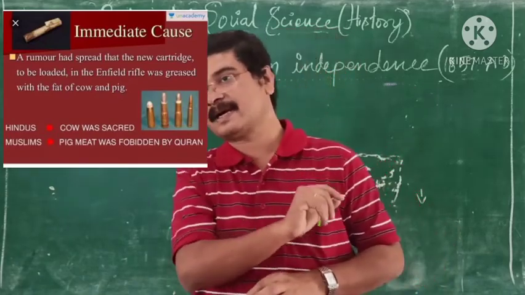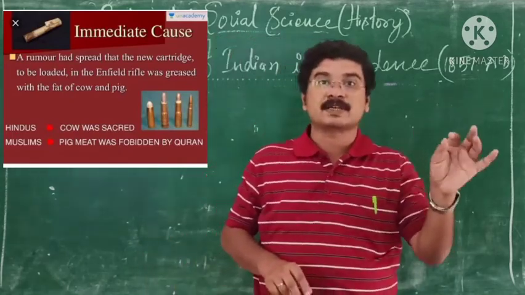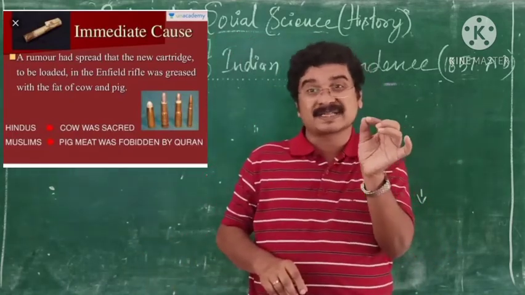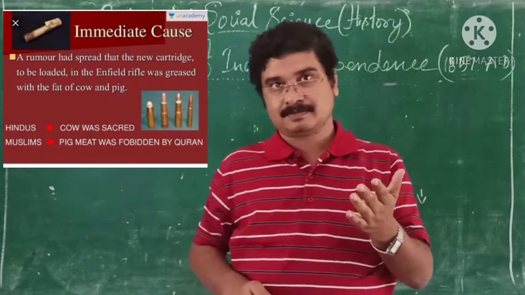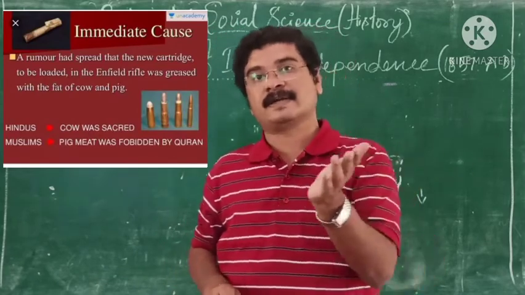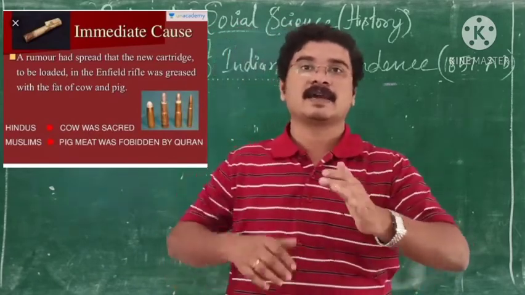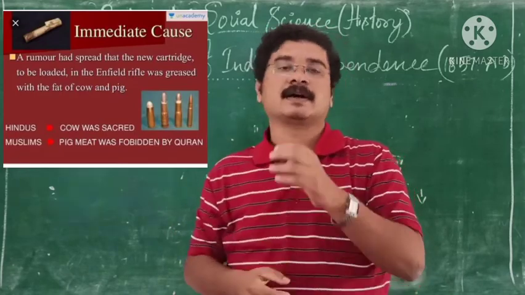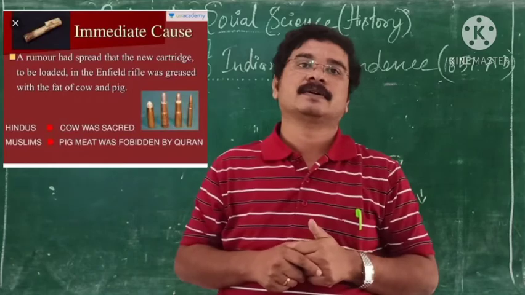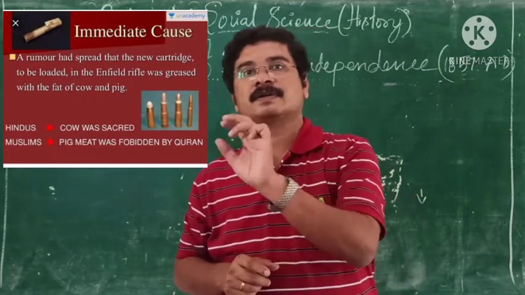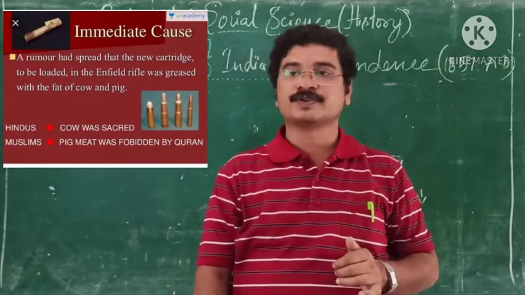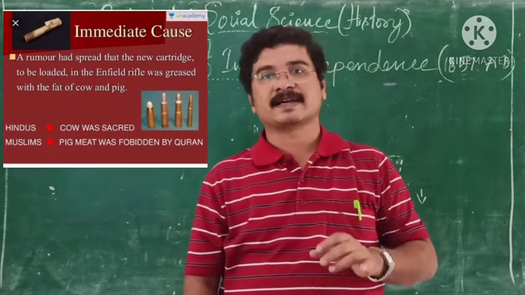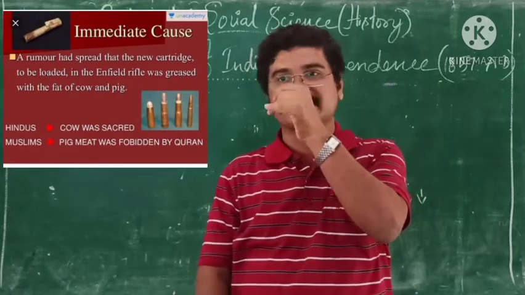The second immediate cause: cows were sacred to Hindus. The Enfield guns were greased with the fat of cows and pigs.